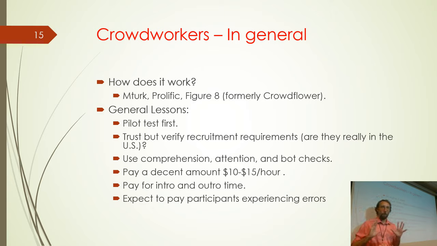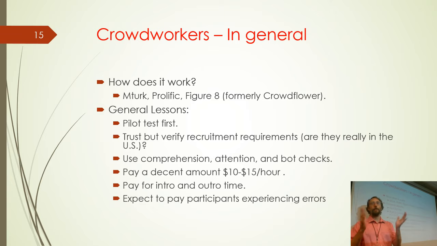And lastly, you definitely want to budget in money to pay for people who experience errors. The more complicated the experiments, the more technically complicated, the more likely you're going to experience errors, people who have problems. And if you have a group experiment, it's going to be much worse because, well, I don't know 100% of the reason why, but there are a lot of people who experience errors in group experiments, I think having to do with people who leave early or people who are using bots.